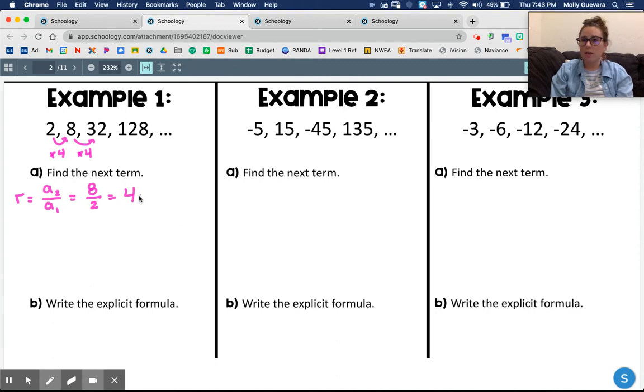So that tells me that my common ratio is 4. Then it says find the next term. So I'm multiplying by 4, and to get to the next term, I need to multiply by 4. So 128 times 4 is 512. So the next term in the sequence is 512.